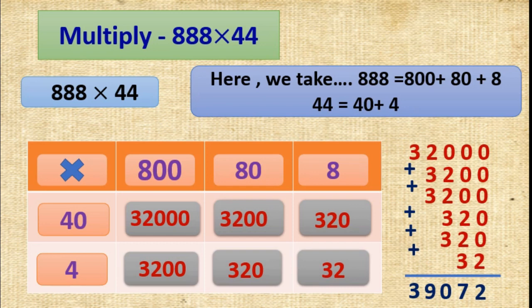And in the last place, only this 3 remained. Correct? So our product is 39,072. Isn't it? Students, you have to follow this method to multiply the given numbers. Okay?